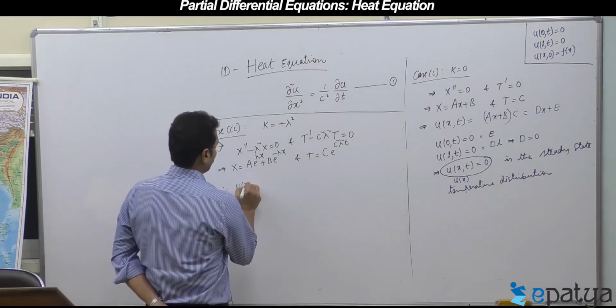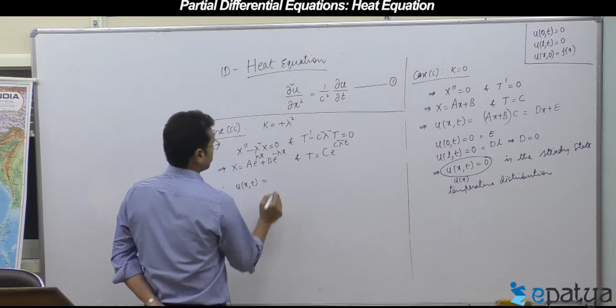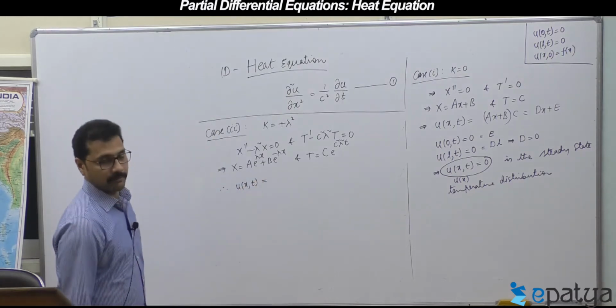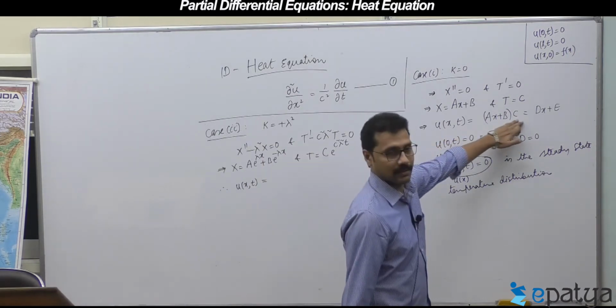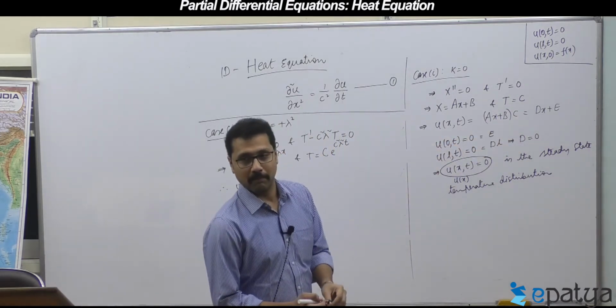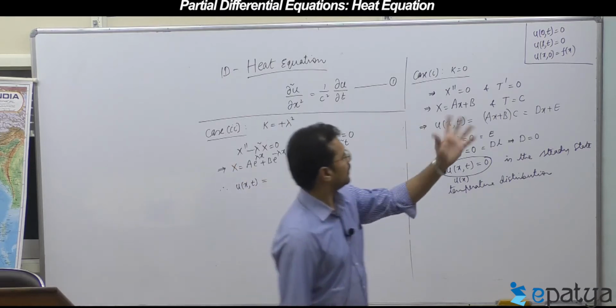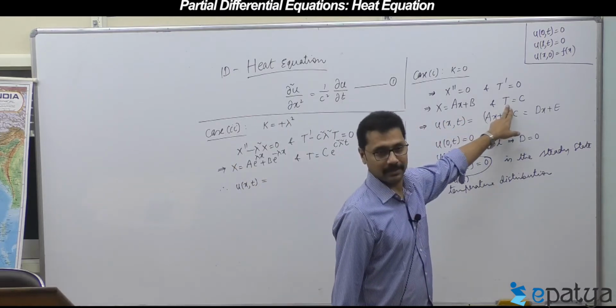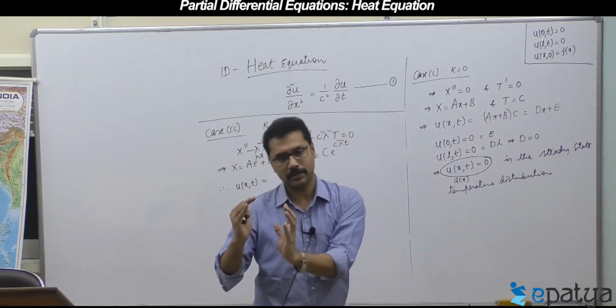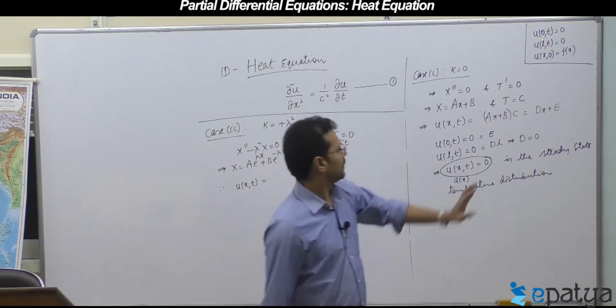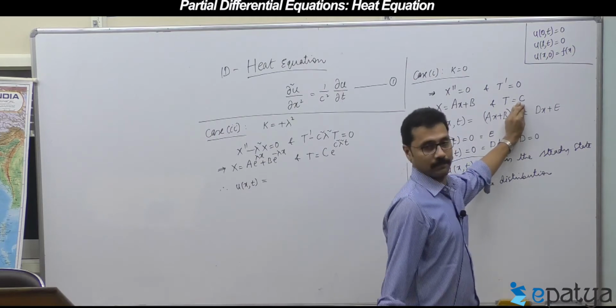Therefore, u of x comma t equal to, in fact, you know one thing, though I am trying to solve like this, the boundary conditions are nowhere related to the T expression. Just exclusively boundary conditions only I can solve actually, without taking into consideration this.